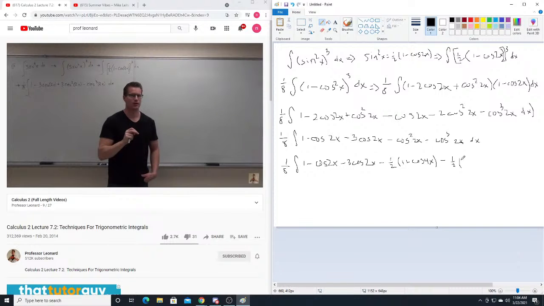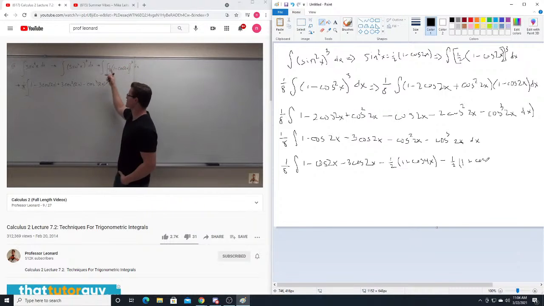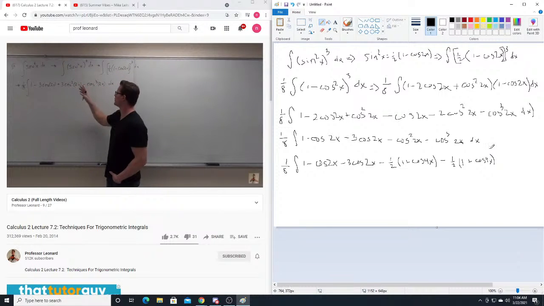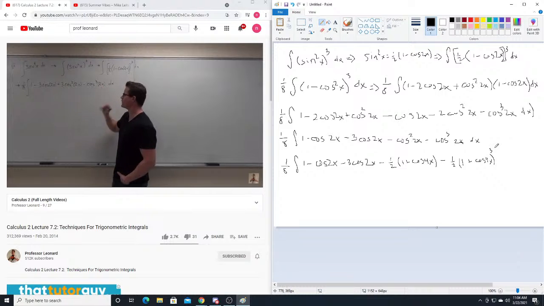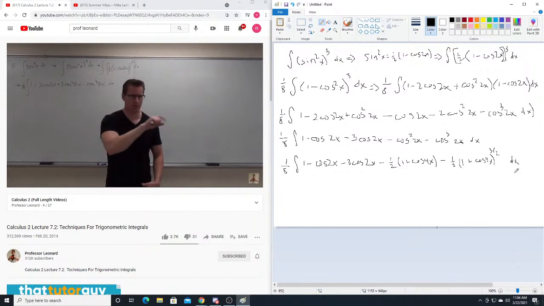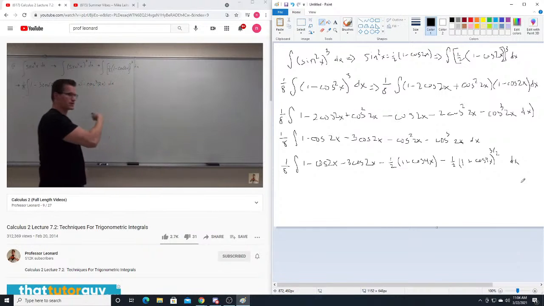If I did the 4th power, it'd be 1, 4, 6, 4, 1. If you know the binomial expansion, you can do that. So anyway, this is what you should have if you distributed it and combined like terms.